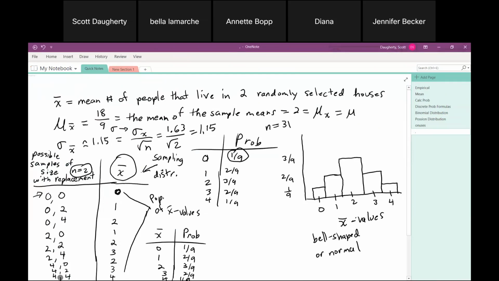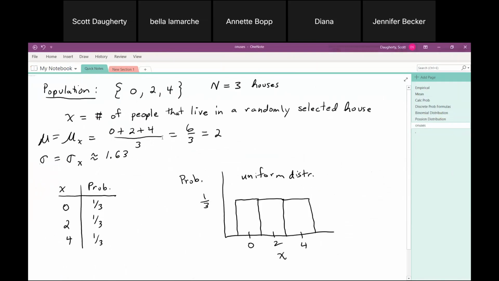It's the same thing with 4. What's the probability I'd get a 4 for X bar as an average? I would have to get 2 4s in a row. That's the only way to get a 4. Now, if you look at the original one, when I only took one number at a time, the probability of getting a 0 was 1 out of 3 because there's 3 numbers and 0 happens to be one of them.